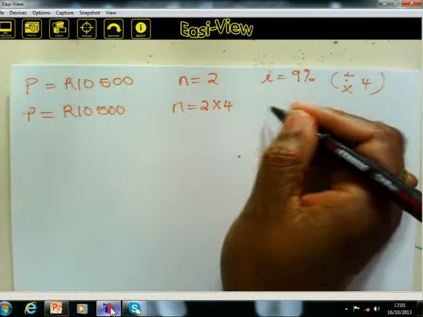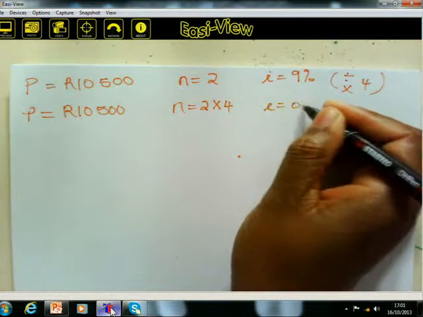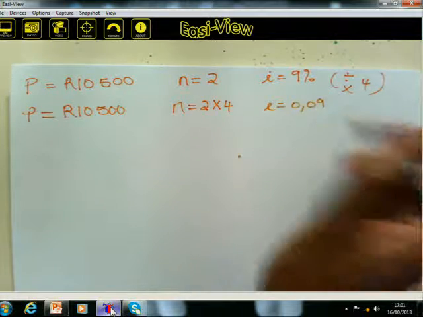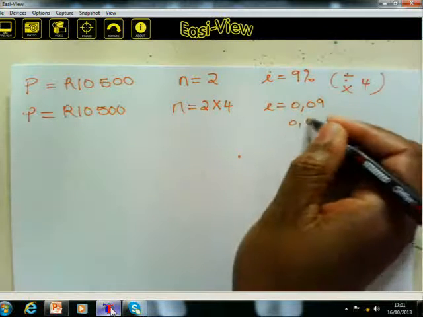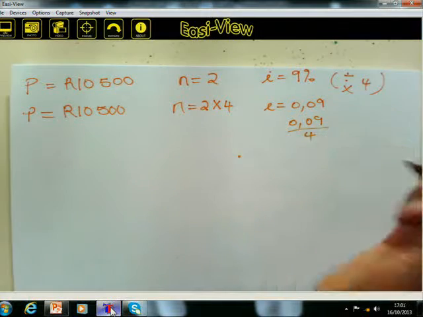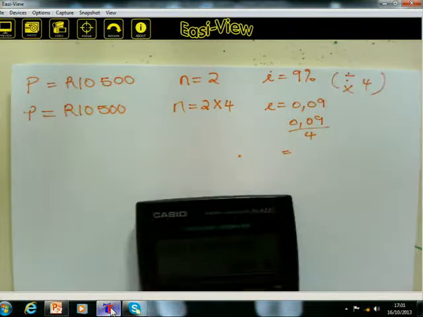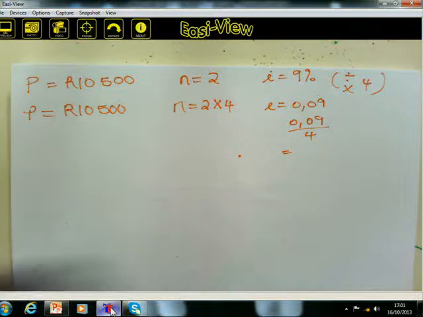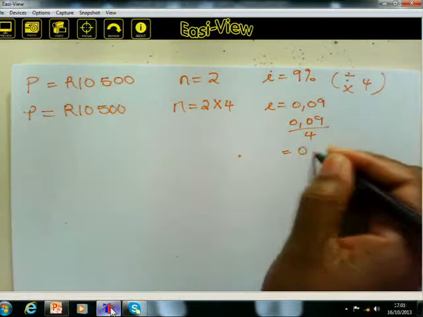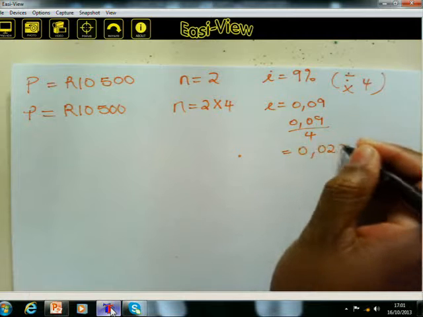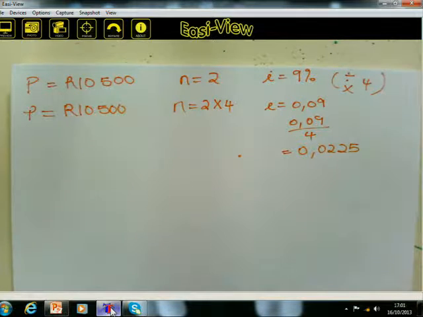And then we have our I, which is 0,09. And then we take this 0,09, we divide it by 4. It must be divided by 4. Let's see how much we get. 0,09 divided by 4 gives us 0,0225.